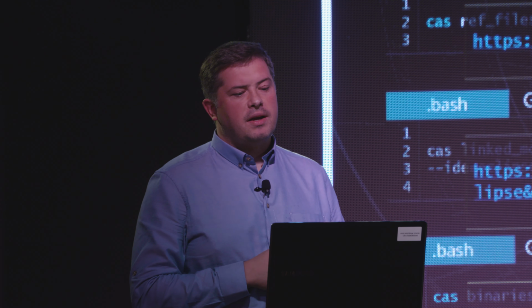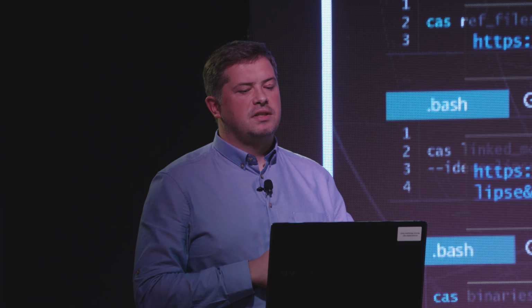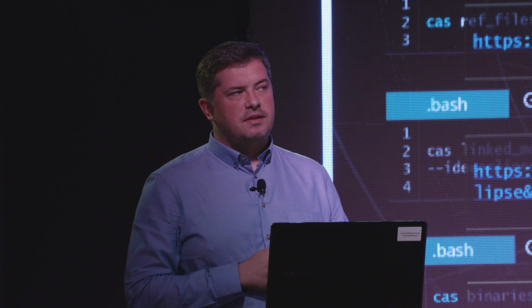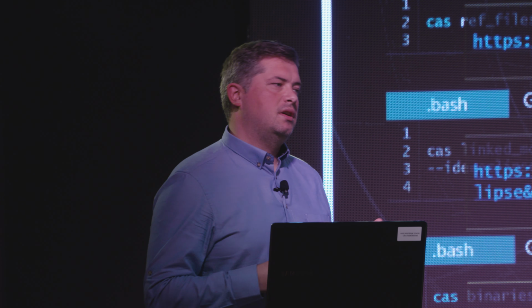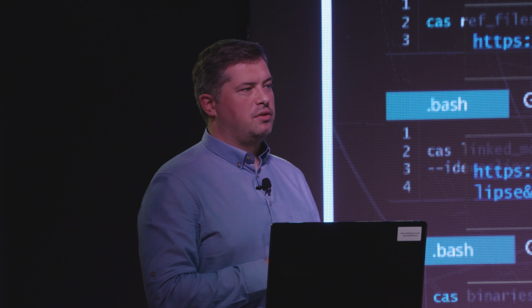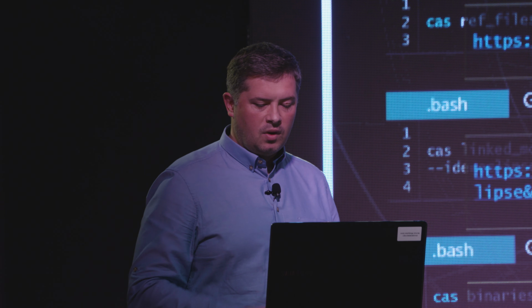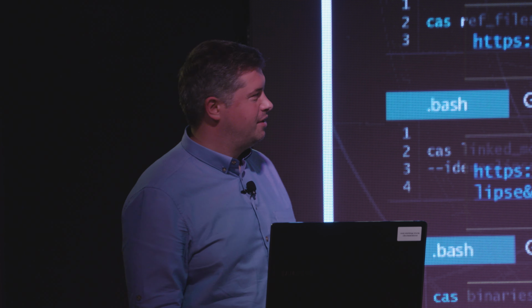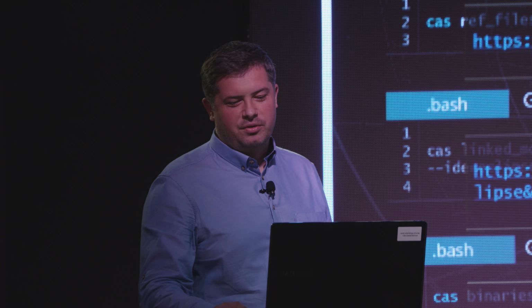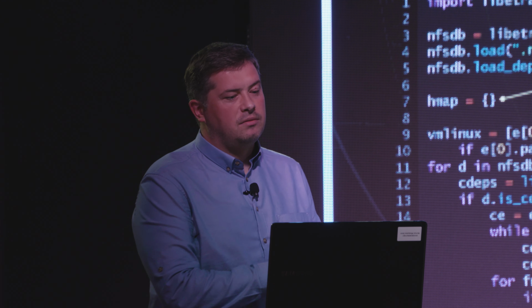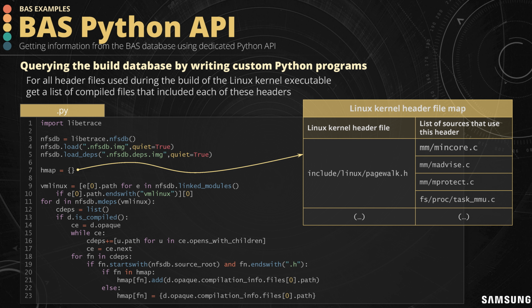So to summarize, both the web service and the command line are simple to use yet powerful tools that can be used to query your trace database. But what if this is still not enough? You can take matters into your own hands and use the programming API. Both the command line and the web service are built on top of the libtrace library, which is part of the CAS project.